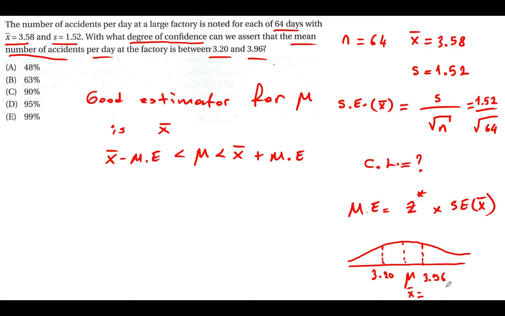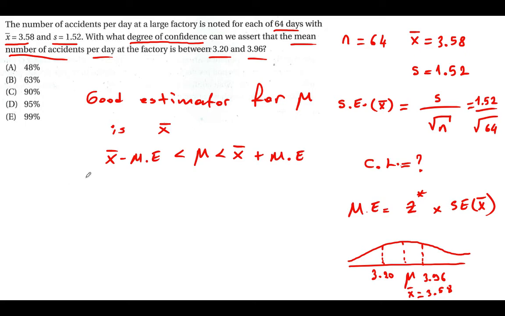which we said is 3.58. We know that our estimator, the sampling mean, could be regarded as our mu value here for this kind of question.